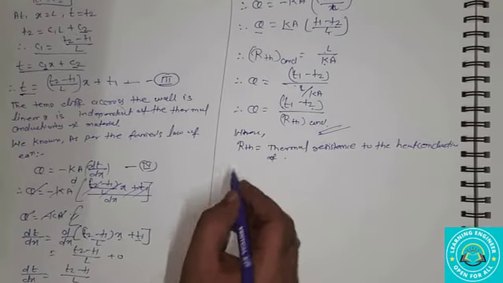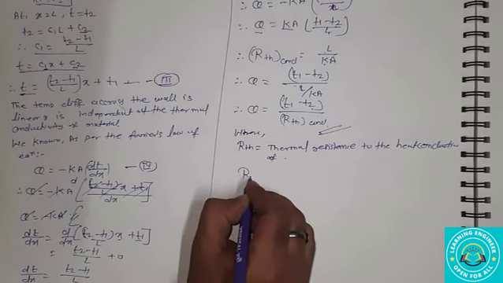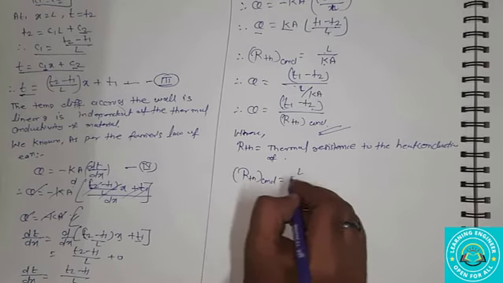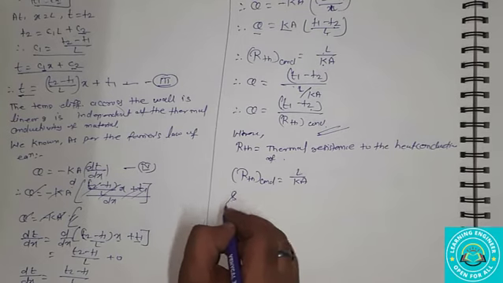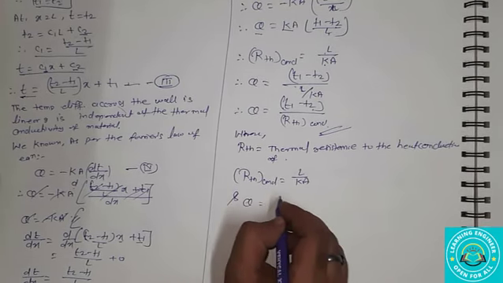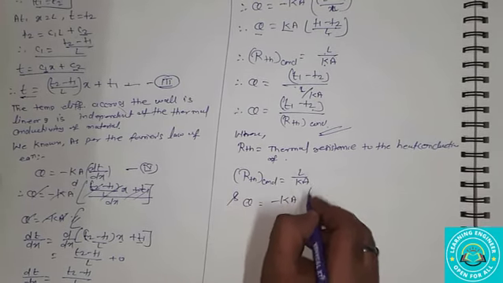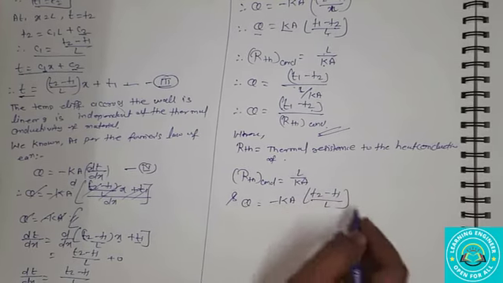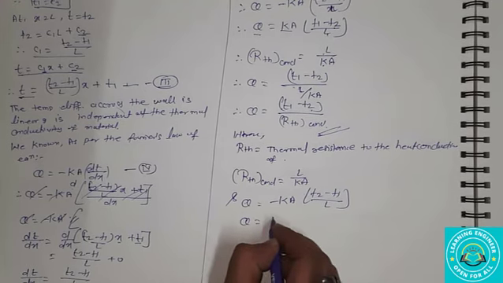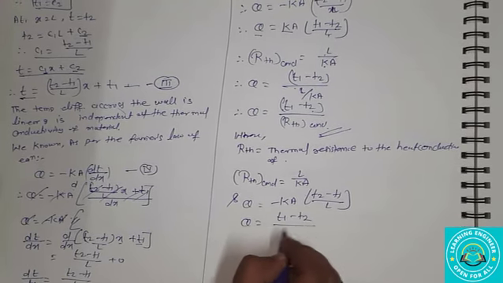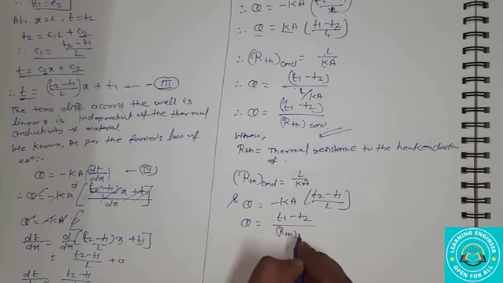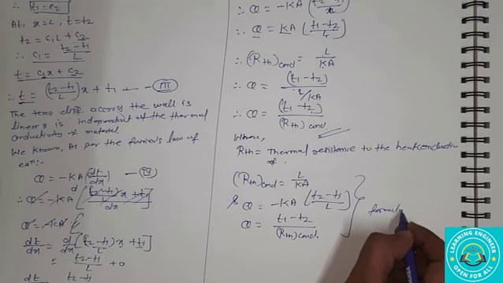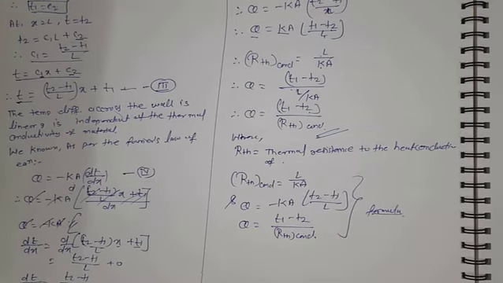For the numerical purpose आपको R of TH of conduction is equals to L upon Ka and Q is equals to minus Ka T2 minus T1 upon L, or sometime Q is equals to T1 minus T2 upon R of TH conduction. ये 3 फॉर्मूलेज आपको याद होने चाहिए. आप इजीली न्यूमेरिकल सॉल्व कर सकते हो.